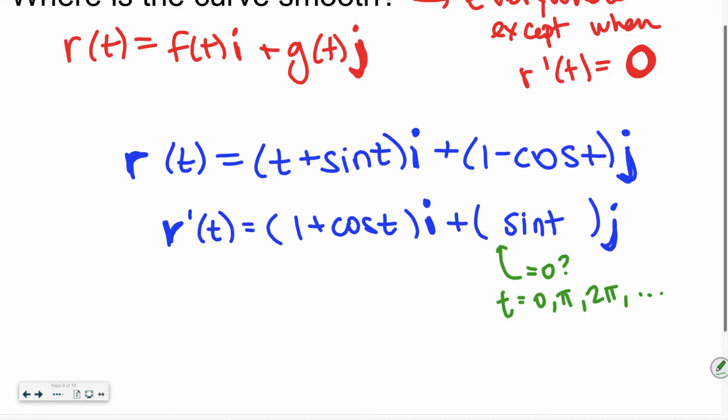All of the pi's. Oh, it would be 1. All of the integers of pi's. Okay. What about over here? This basically means if we set it equal to 0, we're talking about where the cosine is equal to -1. The odd pi's.